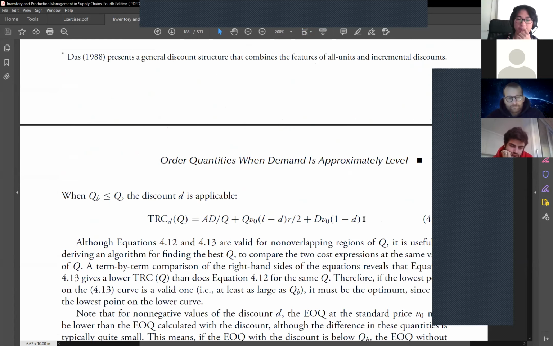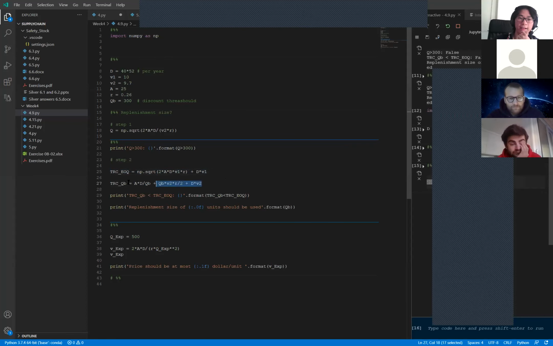And here is the equation for the discounted point, and yeah, this is our total cost for the discounted point. Just remember that you had to use this discounted price and the original price in the first one.